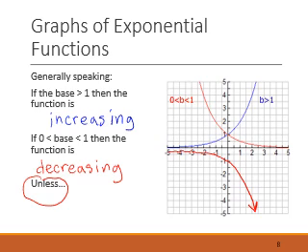And now, even though the base might be bigger than 1, it's no longer an increasing graph because now when you move from the left to the right, your y values are going down. So we would consider that red graph that I just drew to be a decreasing graph, even though the base might be bigger than 1. Again, that's a subject for another time when we're ready to talk about transformations.